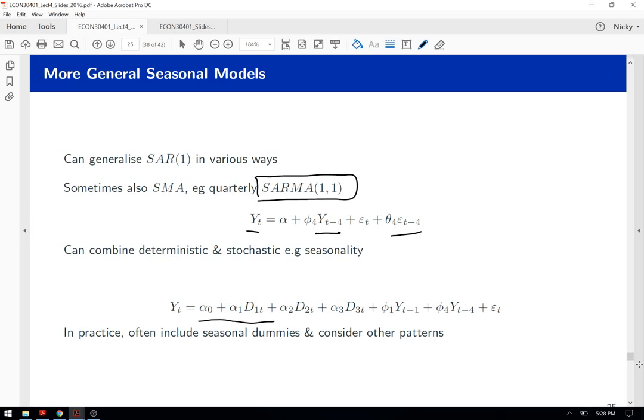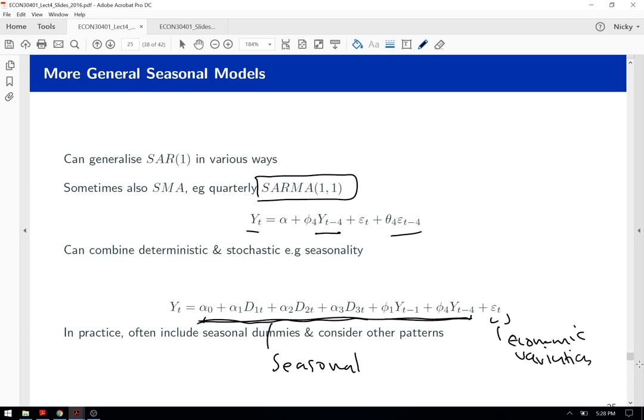We may think that the means change and that we have some seasonal pattern governed by this, for example, and so on. We could specify any model here, but the assumption would be that all this variation in Y is just seasonal. Then everything left is essentially the economic variation, you could say, or variation from random factors and so on.